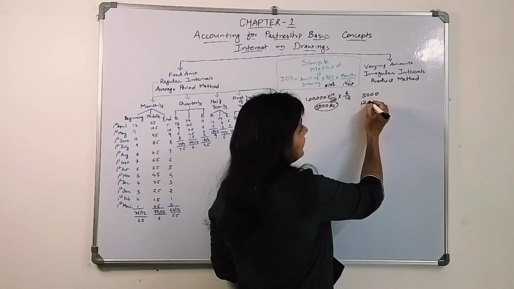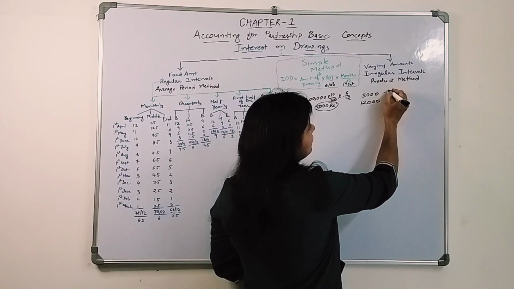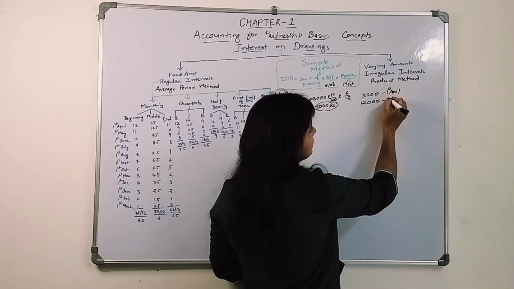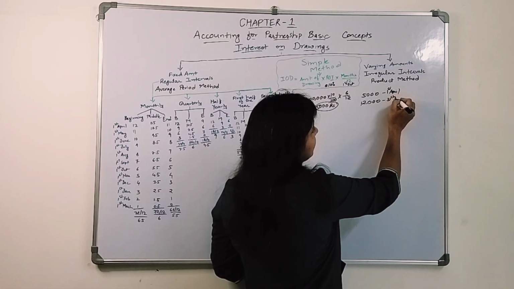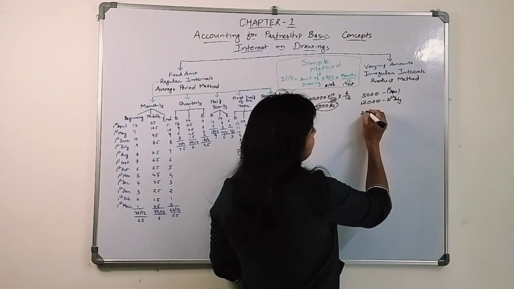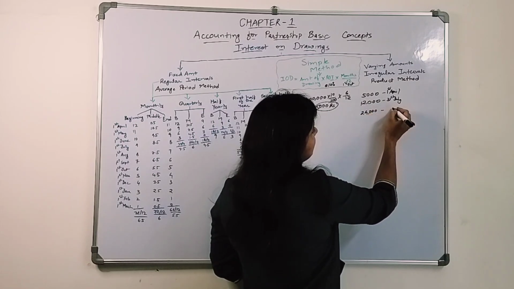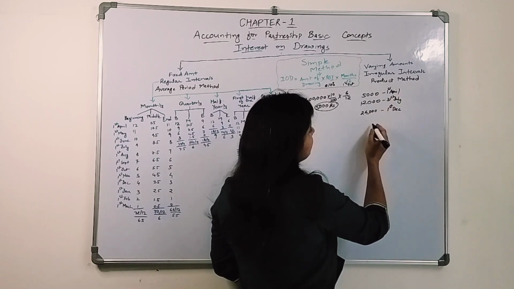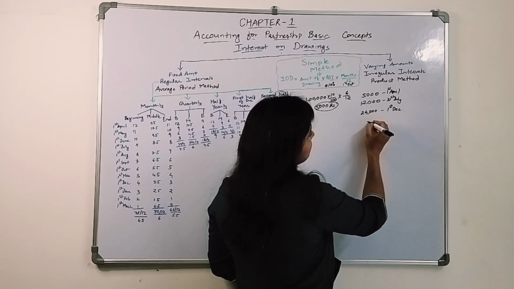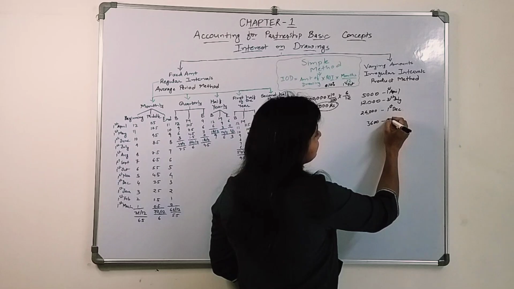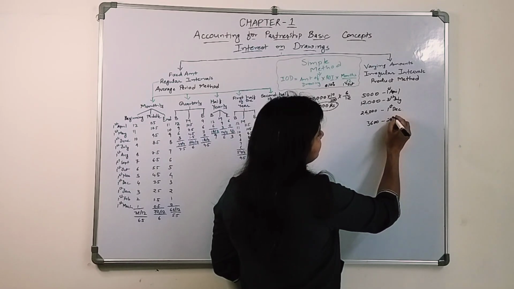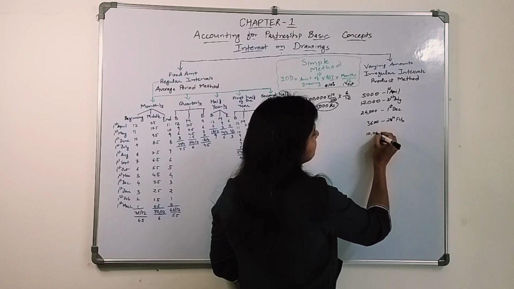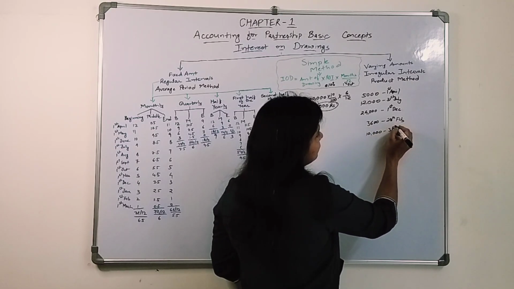Then he withdraws 24,000 on 1st December. Then, let's say, 3,600 on 28th February, and then 10,000 on 31st March.